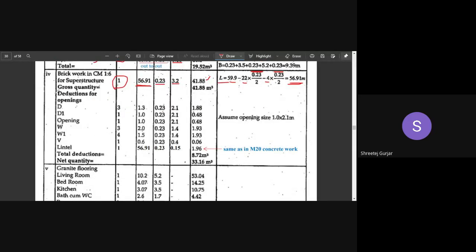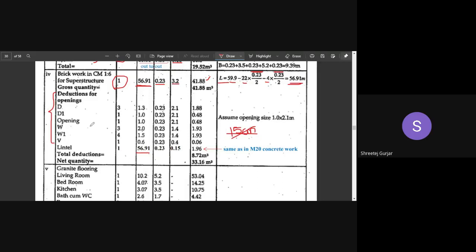So coming to deductions, I hope you know how to deduct all of this. It is the same technique which we have used in the previous numericals, by assuming bearings of 15 centimeters on either side for lintels. But here you have a through lintel, so we need not consider this, because the lintel is continuously running.